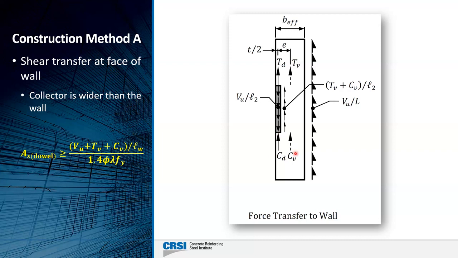So you could transfer a part of it into the wall and a part of it into this effective width, which we generally take as the thickness of the wall plus the length of the wall divided by 2. In this case, this would be the equation to determine how much shear transfer reinforcement you need between the diaphragm and the wall. We'll come back to this a little bit later because of this eccentricity, we're going to need additional bars perpendicular to the direction of analysis.